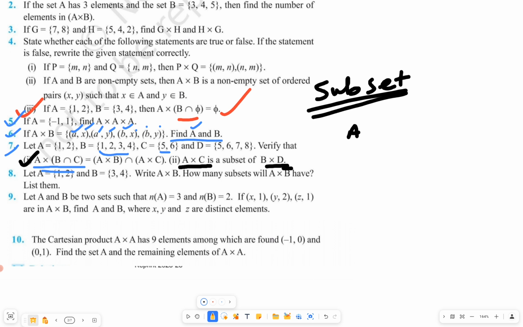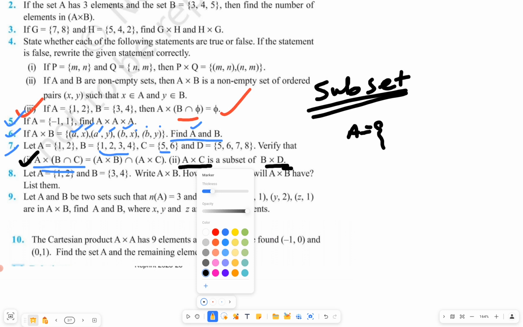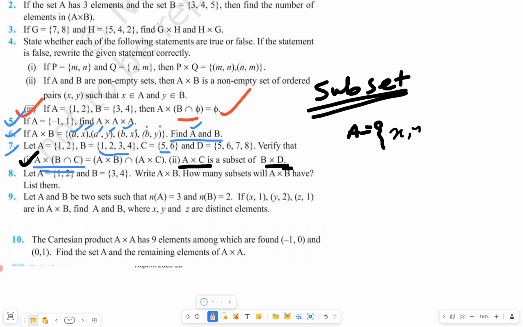Suppose A is a set with elements X, Y, Z, and B is another set with elements X, Y. Here all the elements of B are contained in A. Here A has one extra element.